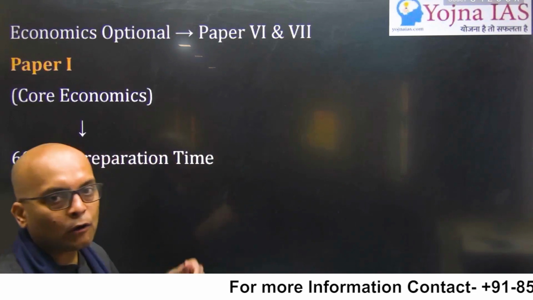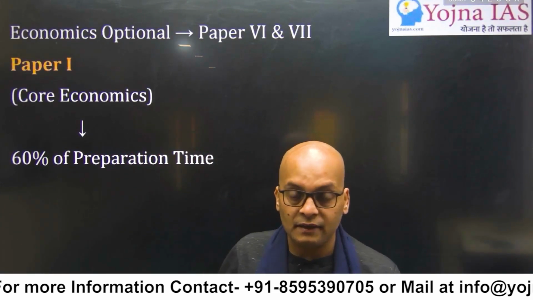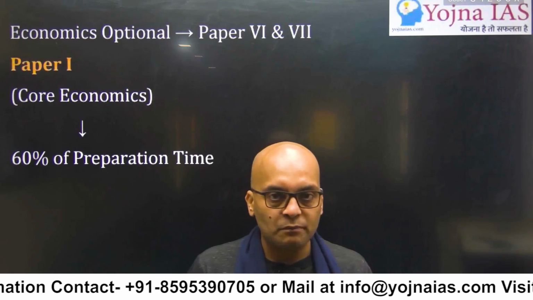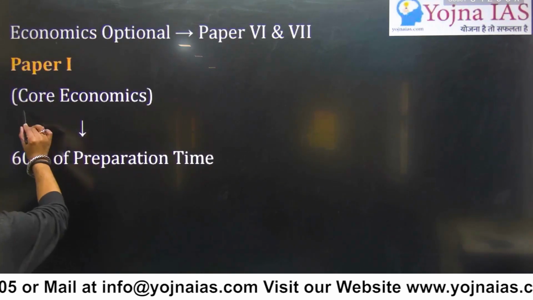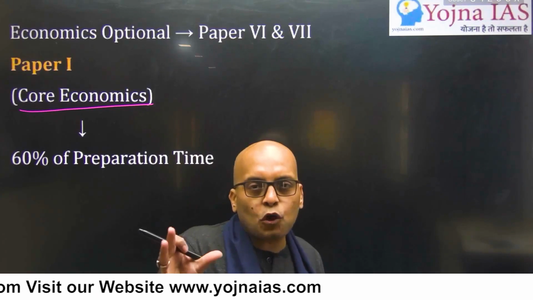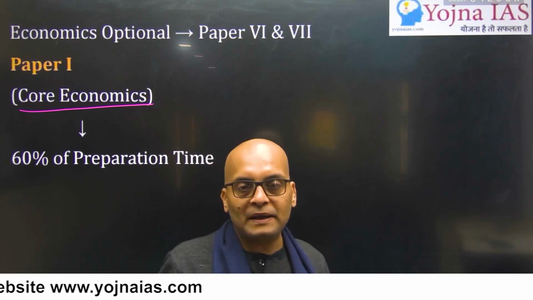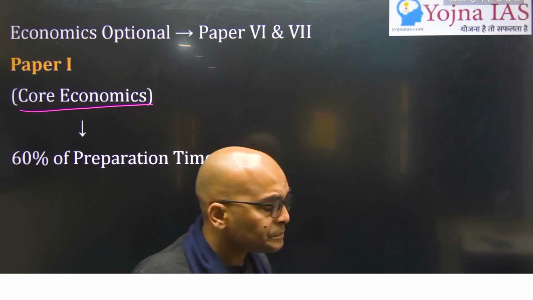If we talk about economics optional, there are two papers, as I have told you earlier. Each paper is of 250 marks. Paper 1 is related to core economics. I am just giving you an introduction to both the papers, about what topics they are mostly asked from.